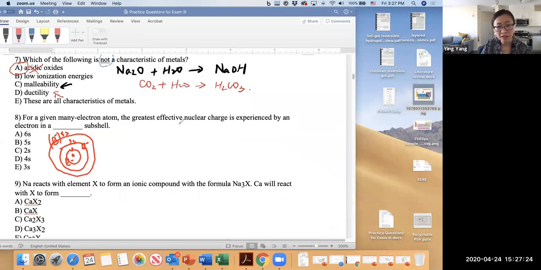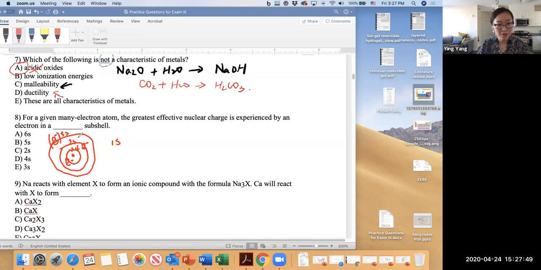So this question is asking, for a given many-electron atom, the greatest effective nuclear charge experienced by an electron in which subshell. If you look at the 1s subshell, it doesn't have any electrons inside of it, so there's no repulsive force. It feels all the attractive force from the nucleus without any shielding.